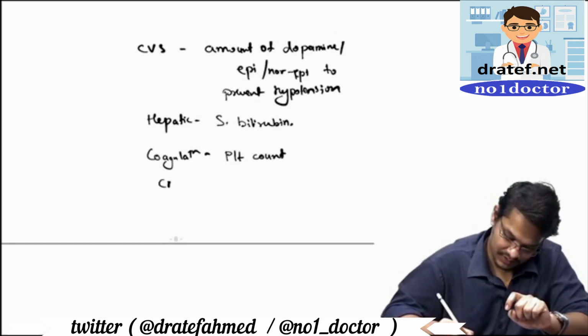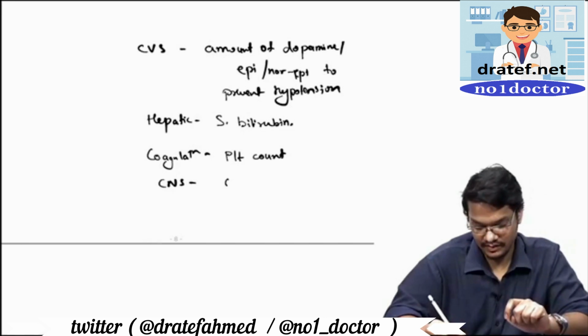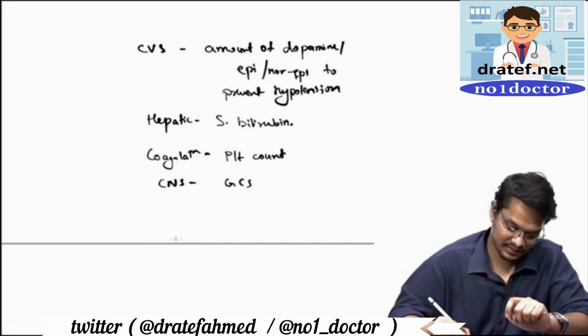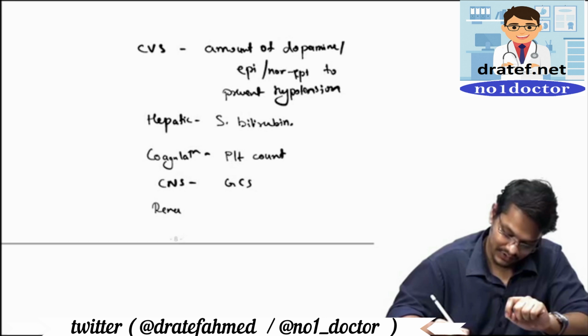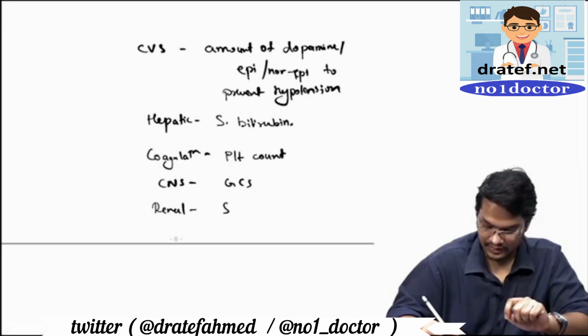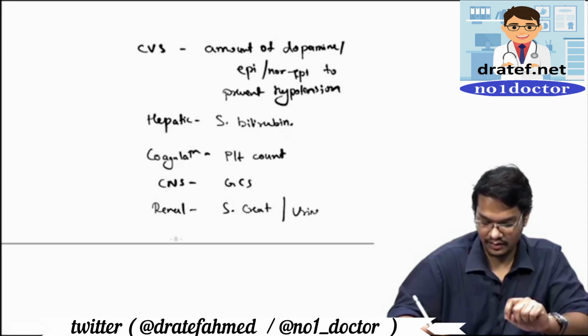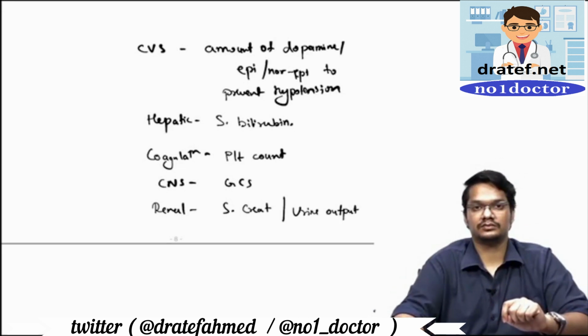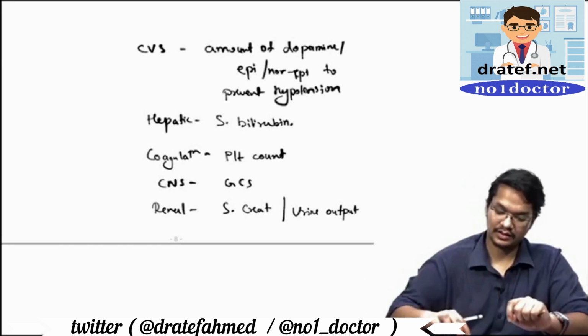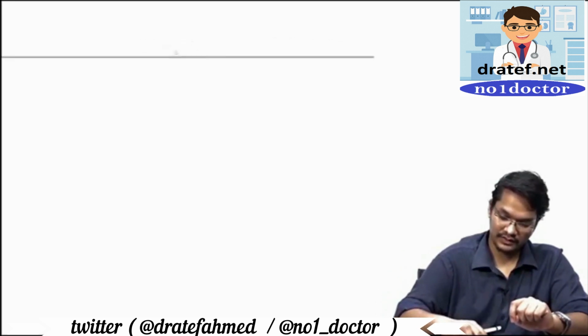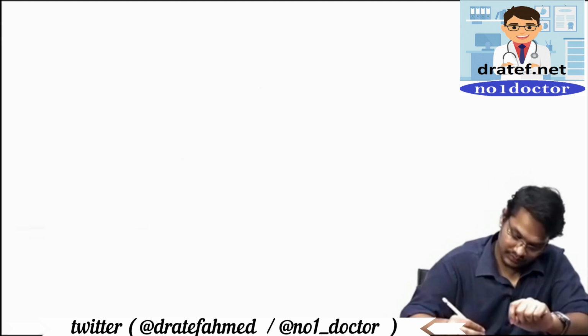As a marker of CNS, what we use is the GCS. And as a marker of renal function, what we use is the serum creatinine and urine output. Okay, these are the values, and using this we calculate the score.